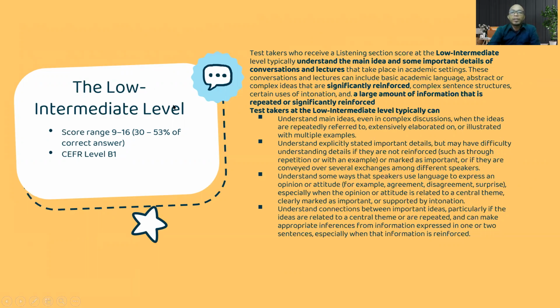So if you're a student at this level, it means that you can understand the main idea and some important details from the conversations and lectures. Usually you can understand complex ideas if they are significantly emphasized or clarified. Okay, you can read the details in the points if you wish.